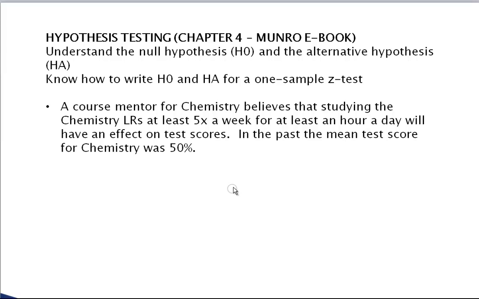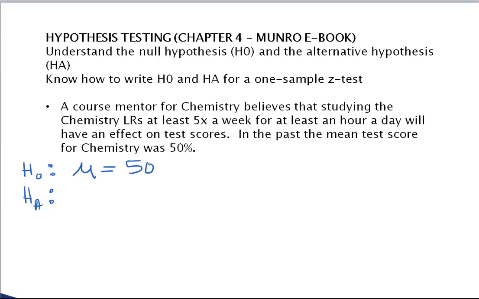And then here we have a similar scenario with the chemistry test, and we can write it out in words, or we can just write it out as the population mean would not change.